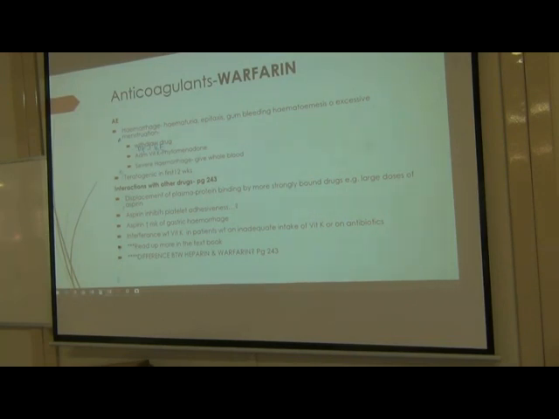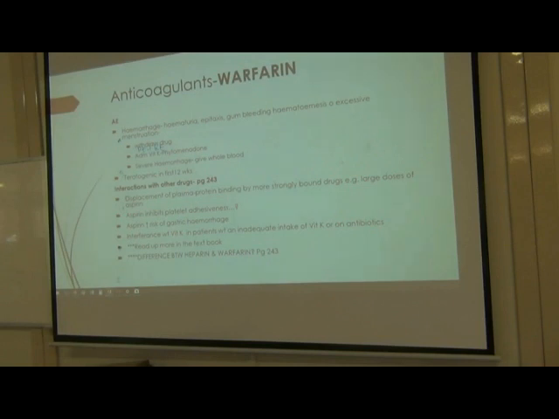Warfarin also interacts with a lot of drugs. It may be displaced by aspirin. Aspirin is more strongly plasma protein bound compared to warfarin.